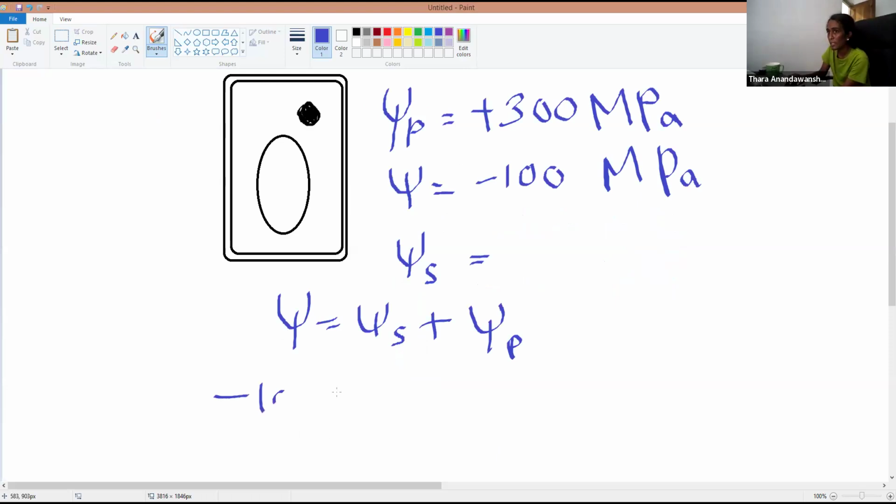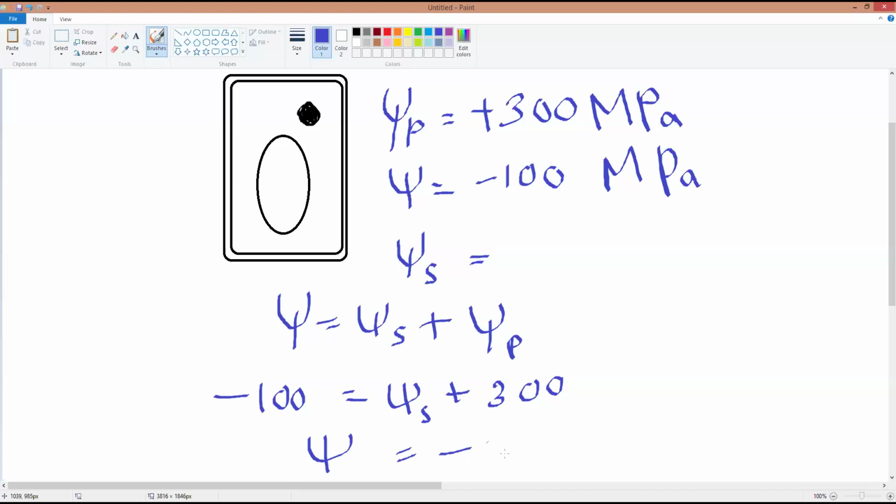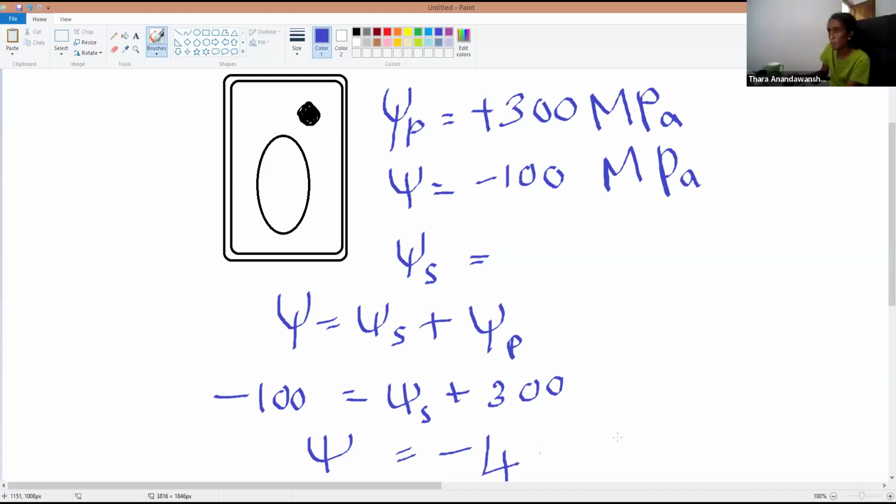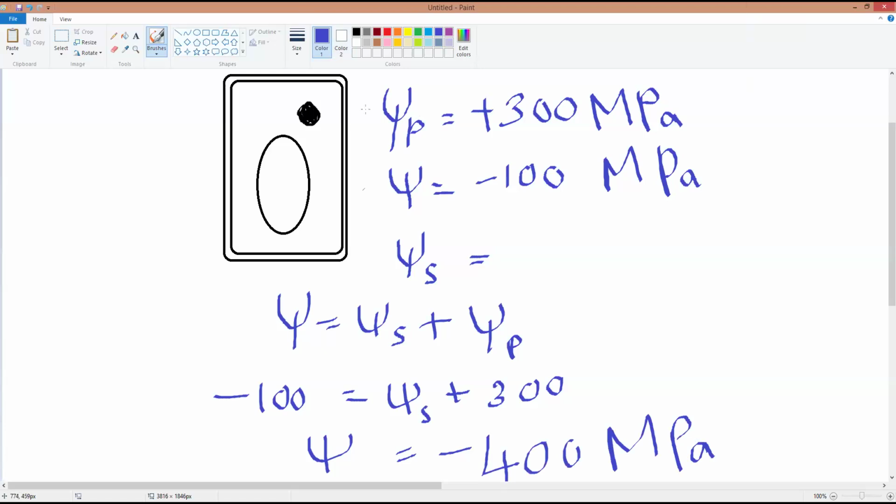Minus 100 equals psi s plus 300. So what is psi s? Minus 400 megapascals. Minus should be there and the unit should be there. Okay, got it? Yes, teacher.